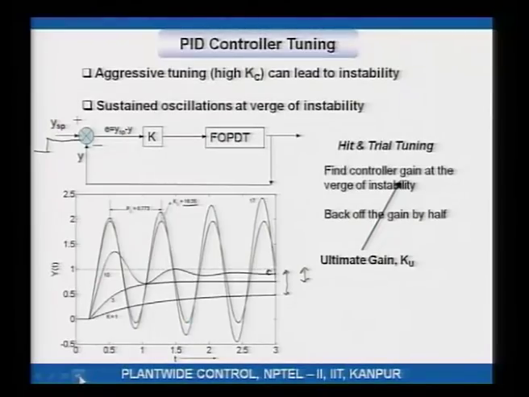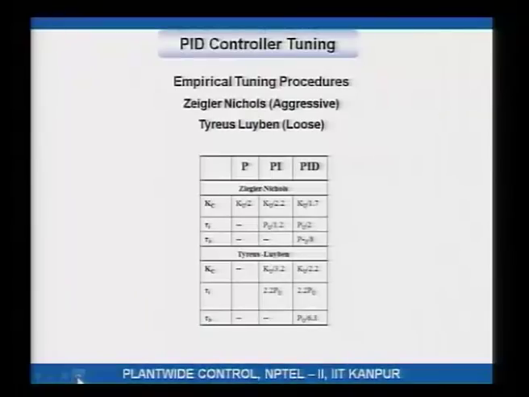Okay. That value of the controller gain where you get sustained oscillations, which for this example in the figure is 16.35, is referred to as the ultimate gain. The period of the oscillations is referred to as the ultimate period.